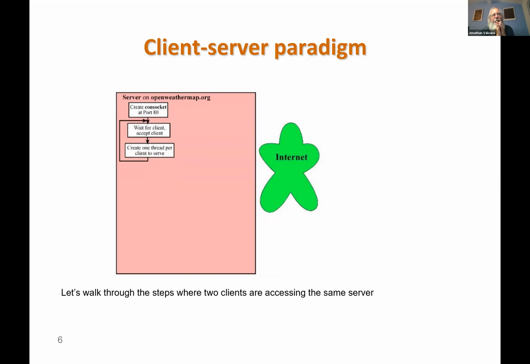A socket is a data structure through which you can communicate. And so the server at this point created a connection socket that's open for the world and waiting for clients to happen.